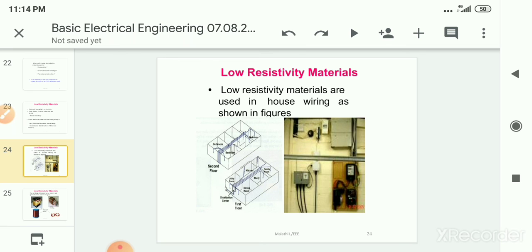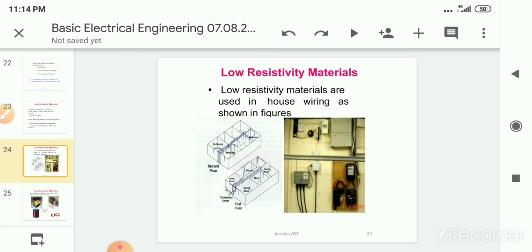In our house, which type of materials are used? Low resistive materials, because they possess a very low value of resistivity. So they are used for applications where power losses and voltage drops should be low.